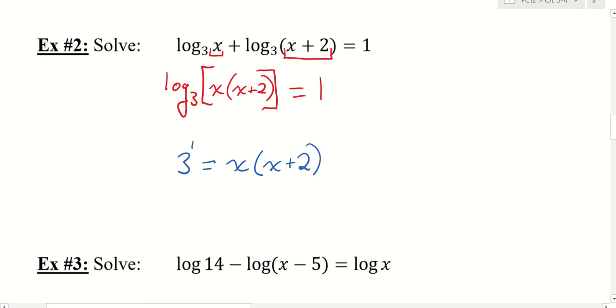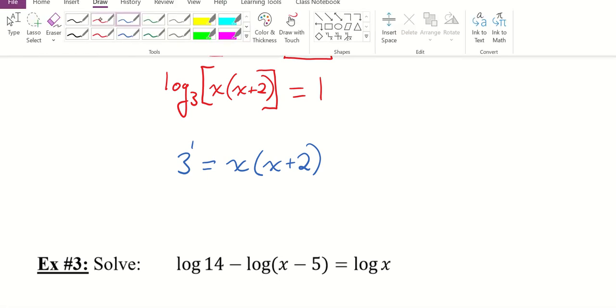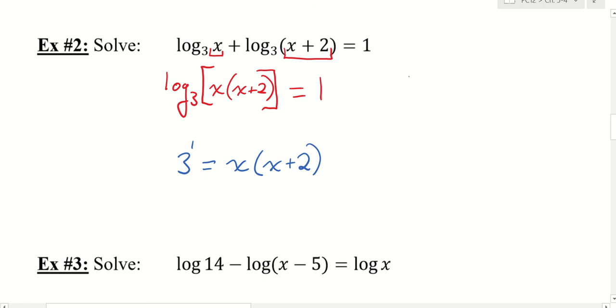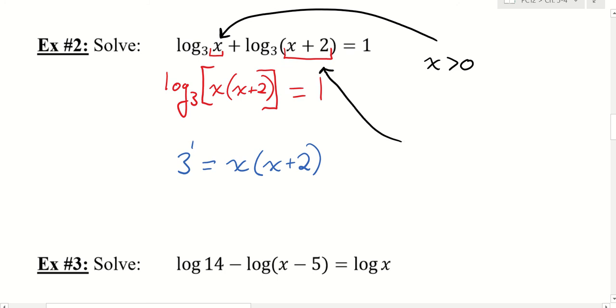Now it's at this point that I also want to make note of something that I should have earlier. If we look at this input and we get some sort of solution for x, we better make sure that our solution is greater than 0, because the input of our logarithm is defined to only be positive numbers. So if we do find a solution that is 0 or negative, we have to reject it. We can look at this other input as well. We can say, well, hey, this input also has to be positive.